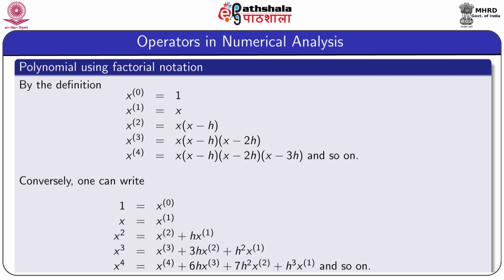Now, some particular cases of factorial power notation are defined here: x power 0 equal to 1, x power factorial 1 equal to x, x power factorial 2 equal to x into x minus h, and so on.